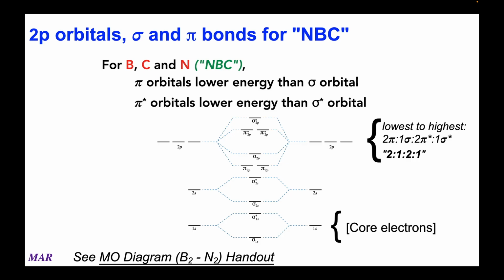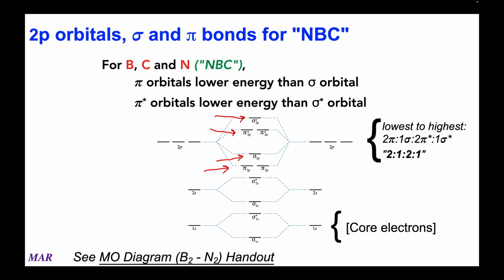And when you have 2 atoms coming together that are NBC, they have the pi bonding ones lowest. Those are those right there. Followed by bonding sigma, then followed by anti-bonding pi, and anti-bonding sigma. Now notice that the pi's, there's two of them, and sigmas only have one.